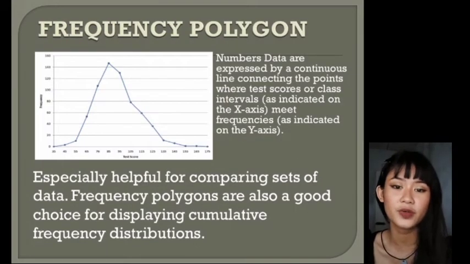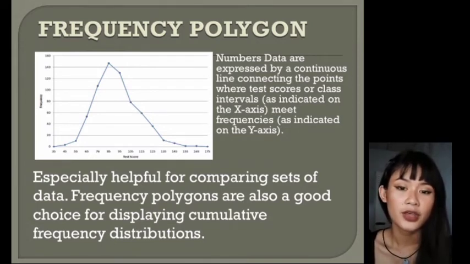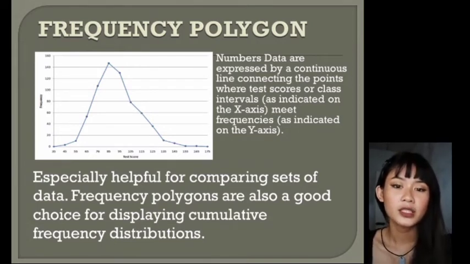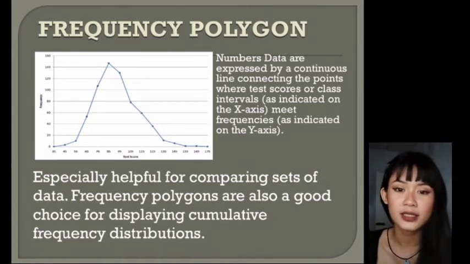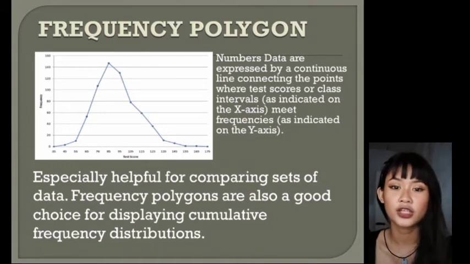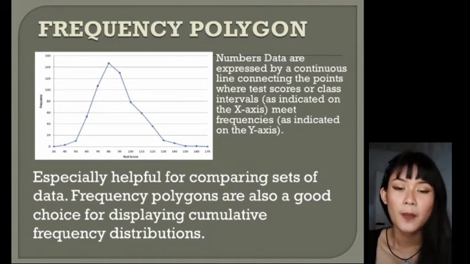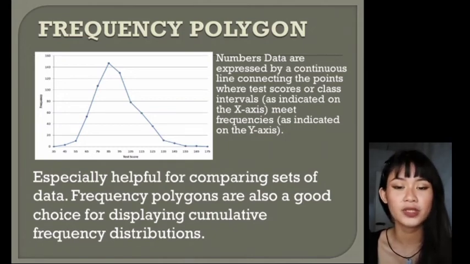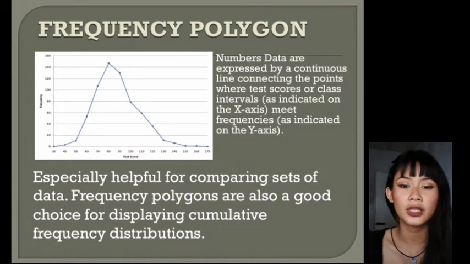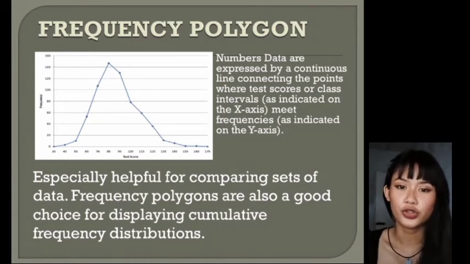So lastly is the frequency polygon. Numerical data is expressed by a solid line connecting the points where test scores or class intervals as shown on the x-axis meet frequencies as shown on the y-axis, particularly useful for comparing datasets. Frequency polygons are also a good choice for showing cumulative frequency distributions.